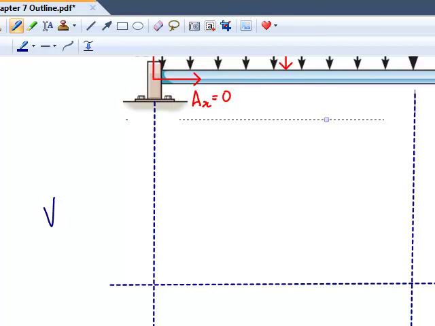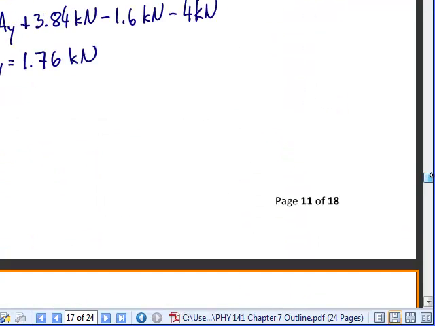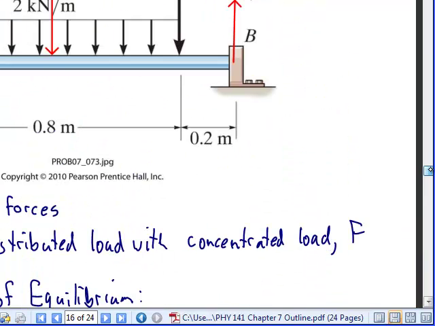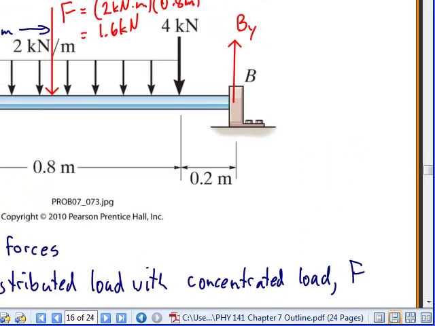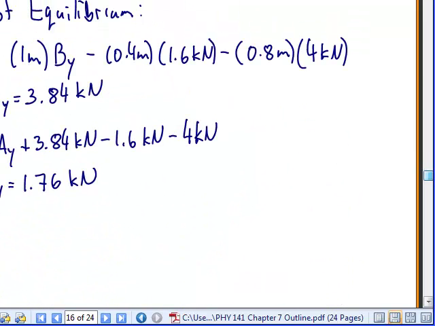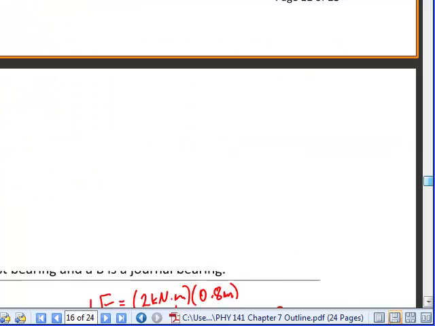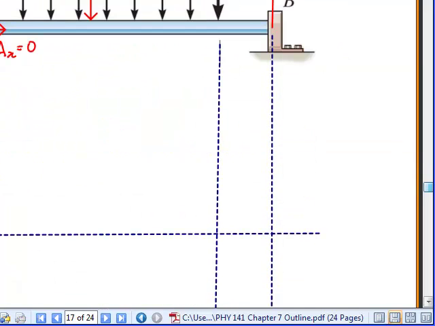So the shear diagram starts at 0 because it always starts at 0, but then there's a concentrated load at A due to the reaction force. So that means it's going to jump up by Ay, which was 1.76 kilonewtons.